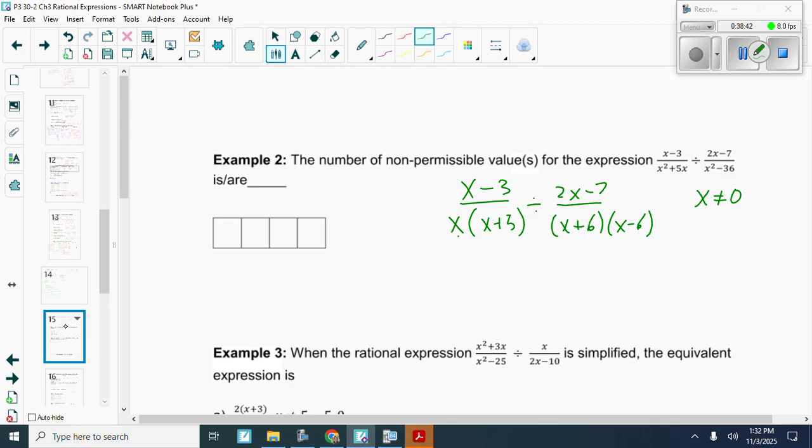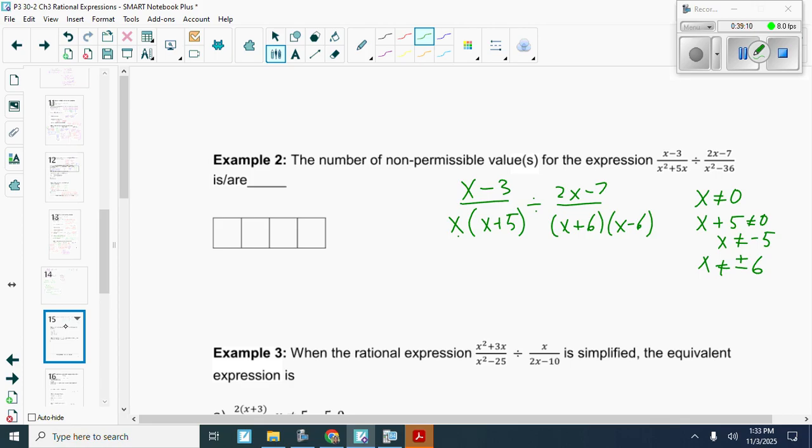It takes care of the x. Sorry, this is a 5. I'll write them all out. x plus 5 cannot equal 0, so x cannot equal negative 5. And then we have plus or minus 6. x cannot equal plus or minus 6. So right now we're up to 4 NPVs.